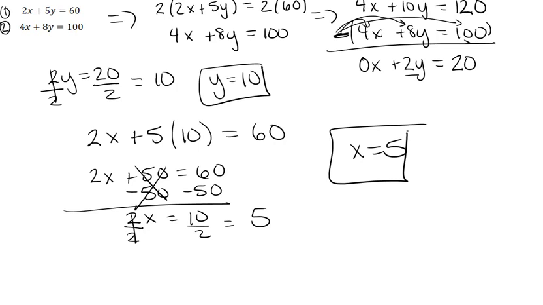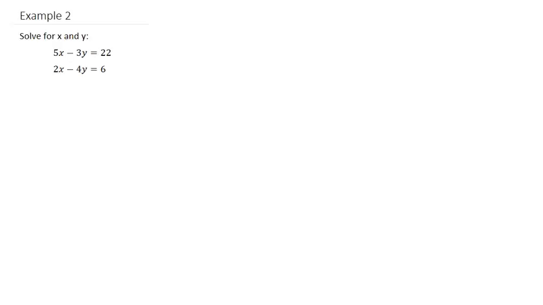Now let's do another example. Example 2, solve for x and y. We have 5x minus 3y, which is equal to 22. Then we have 2x minus 4y, which is equal to 6. So we're going to solve for x and y.